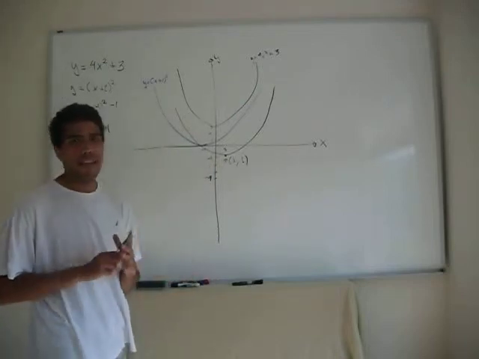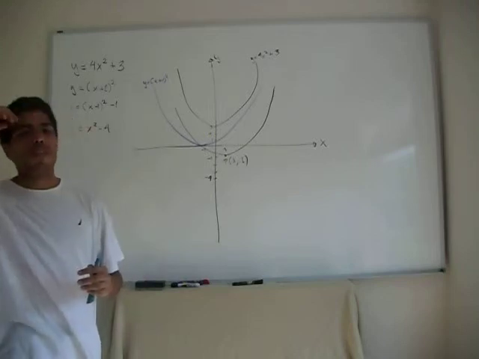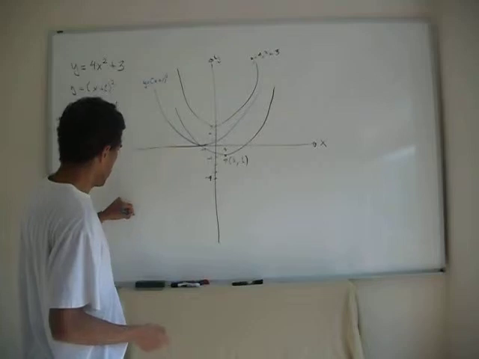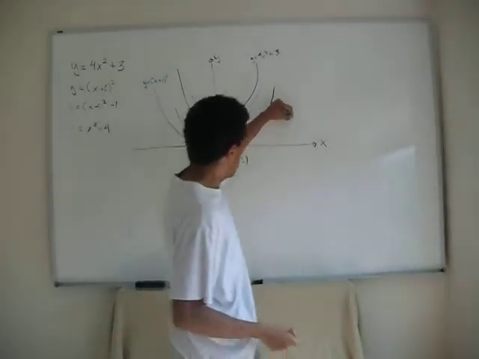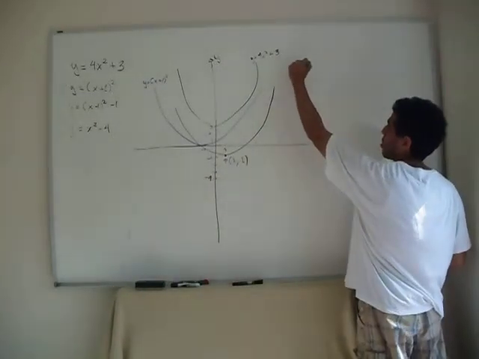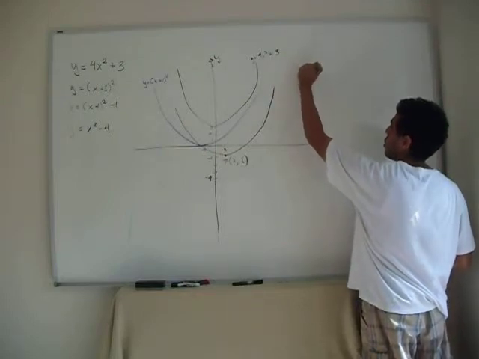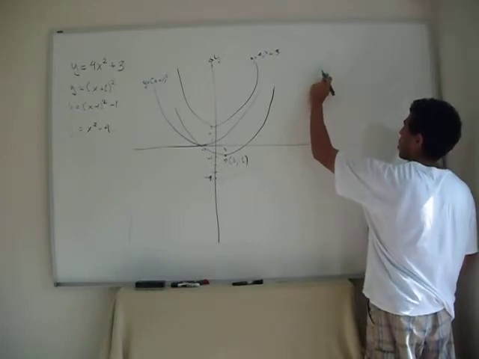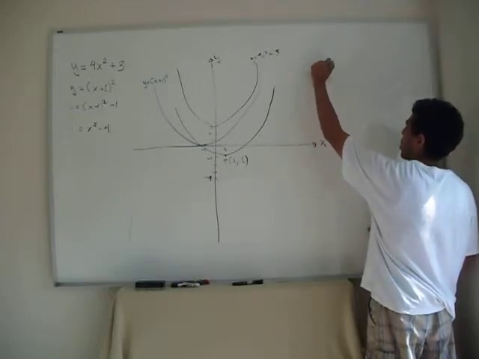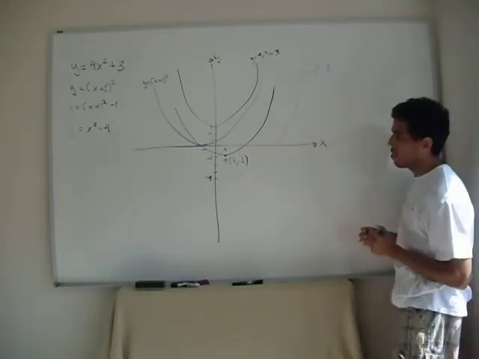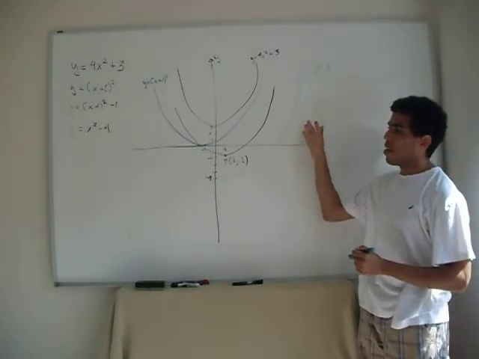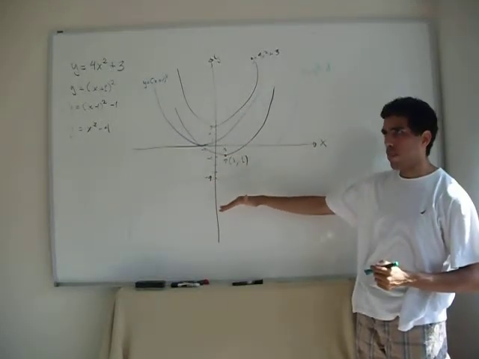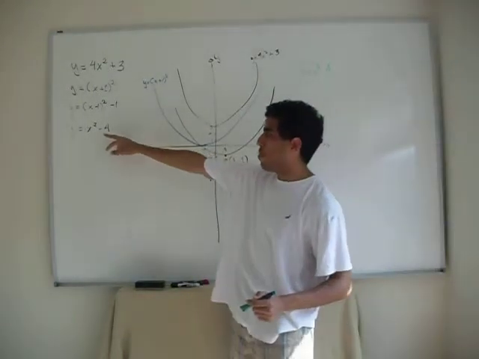The rest of the graph is exactly the same as if it was with x cubed. So it's going to look a little bit like this. There we go. This is y equals x cubed minus 4. See? It's the same exact plot of the x cubed function, only displaced 4 elements south. Why? Because we have minus 4 right here.